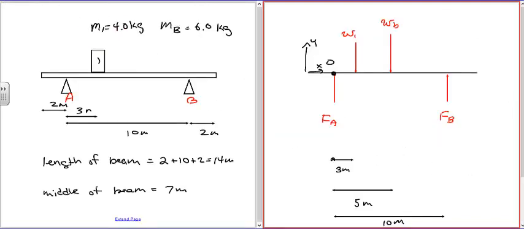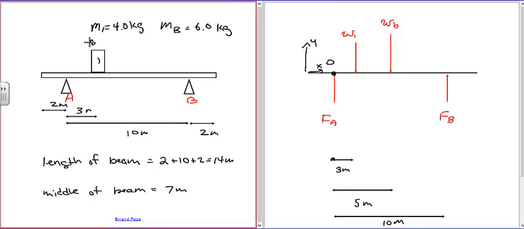So let's go ahead and do that. So mass 1 is 4 kilograms, and mass B is 6 kilograms. Weight is mass times acceleration due to gravity.